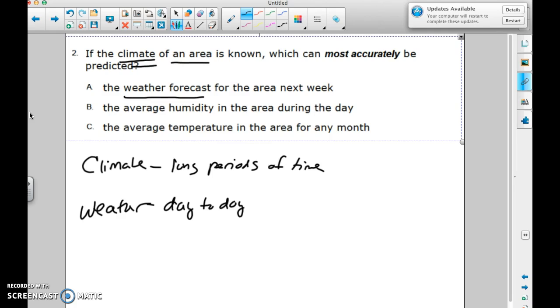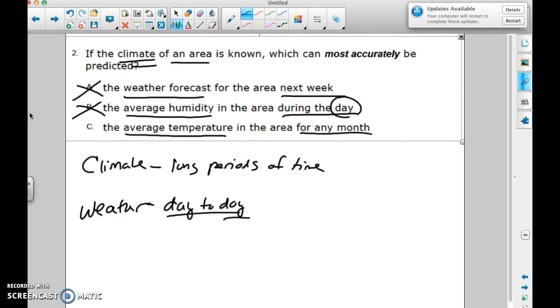All right, well, this one says weather forecast and next week. That is definitely day to day. That is not my answer. Average humidity during the day. Again, there's that word. That is not my answer. Average temperatures for a month. That is a longer period of time, and that is my best answer.